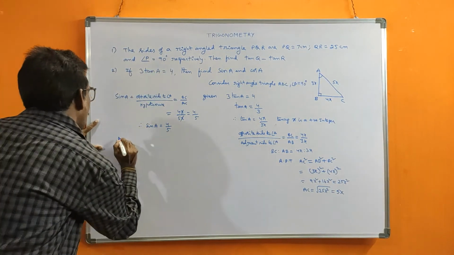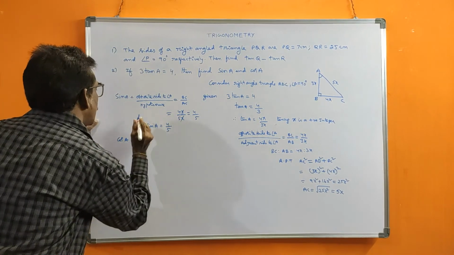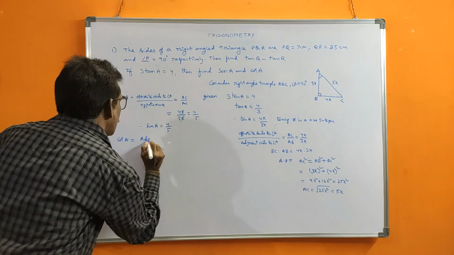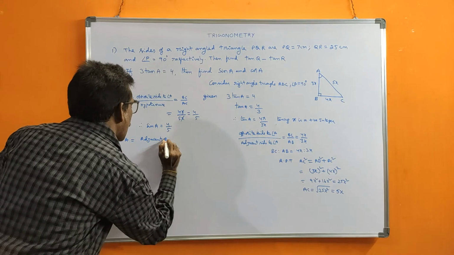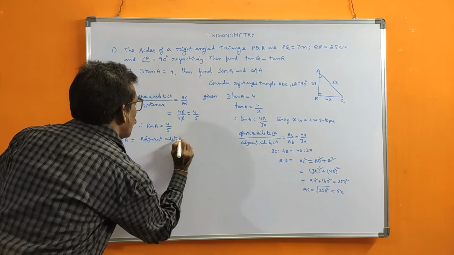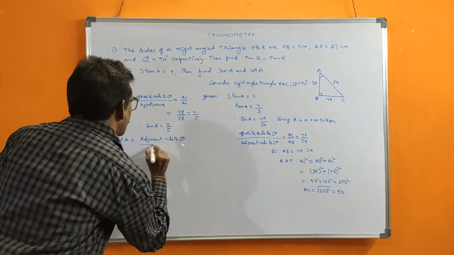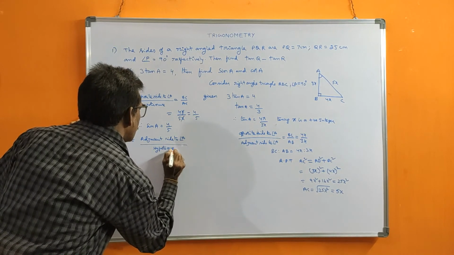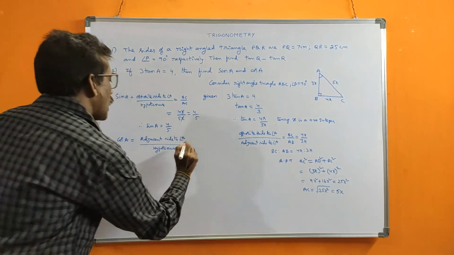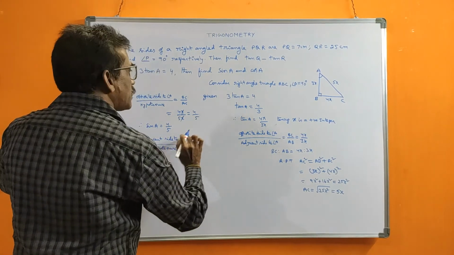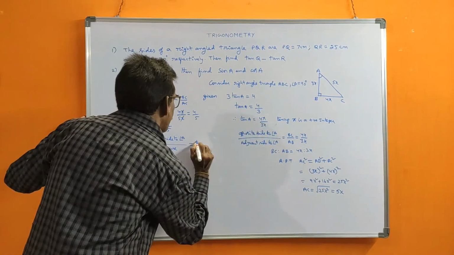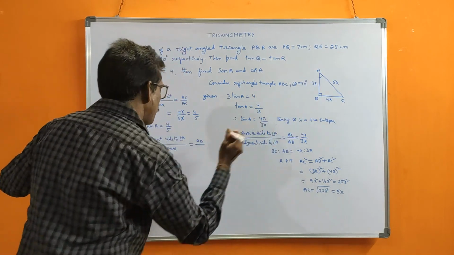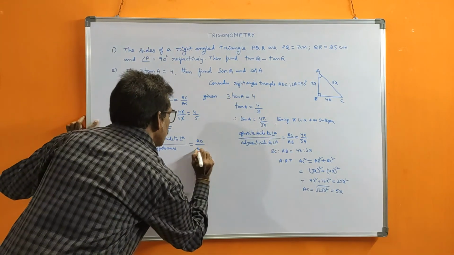Likewise, cos A. For cos A, instead of the opposite side, we use the adjacent side: the adjacent side to A by the hypotenuse. What is the adjacent side to angle A? AB. The hypotenuse is AC.